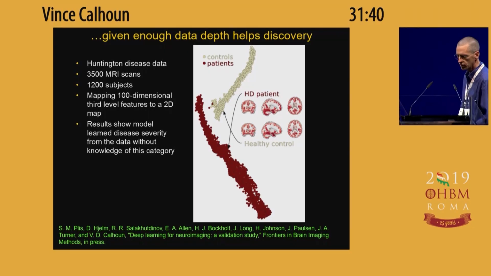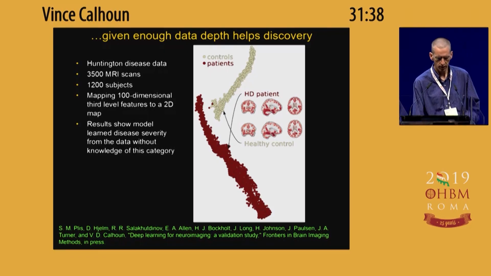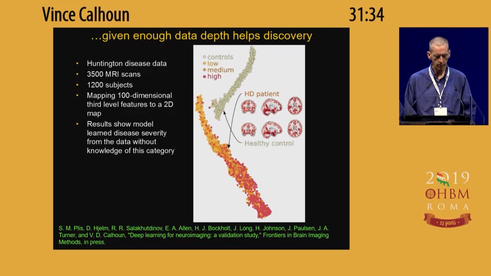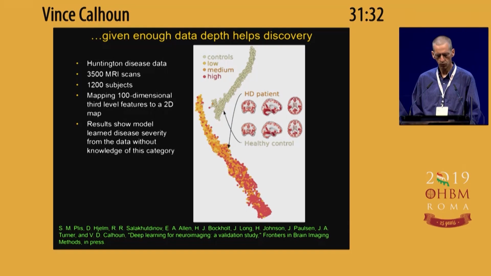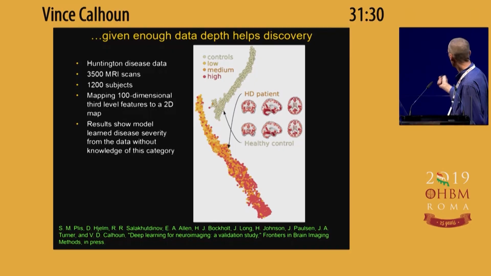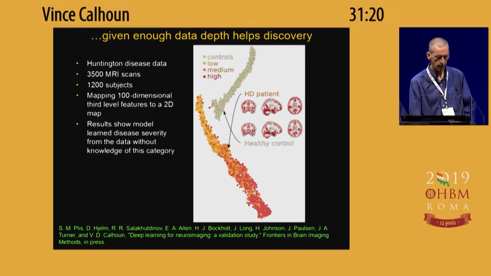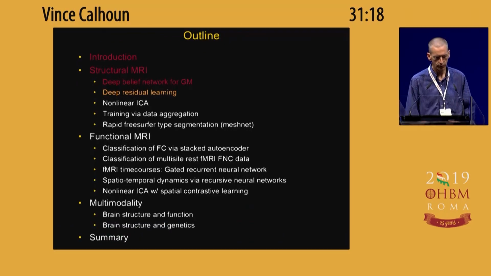It's really just a 2-dimensional representation of the output. Each dot is an individual data set. But then when we color code it by disease severity, and we didn't tell the model anything about that, you see this nice gradient here from least severe to most severe, and here are the healthy controls. So it learned this information from the data without us telling it about that variable.